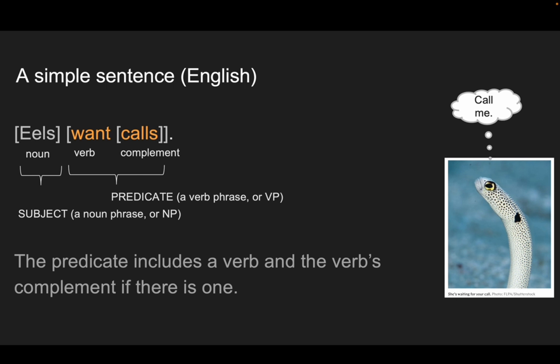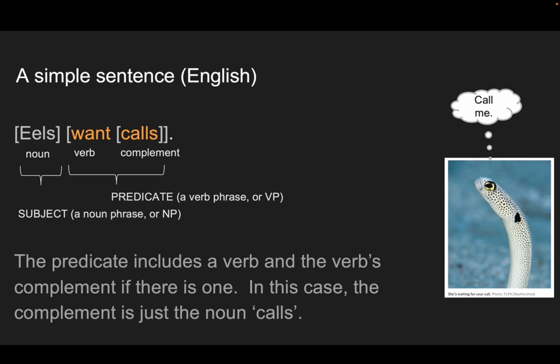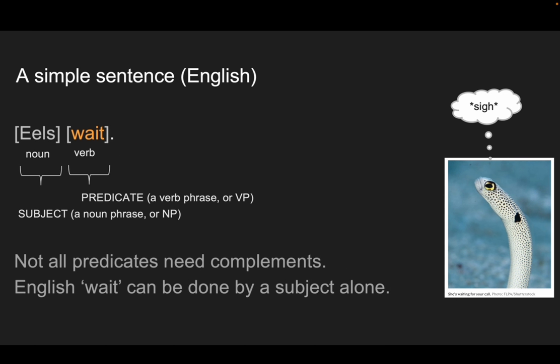All right, so I think I've said that. So I've reduced that complement down so we could see the structure a little bit more clearly, maybe. I said not all verbs need complements. That is a true fact. Some verbs only need a subject.